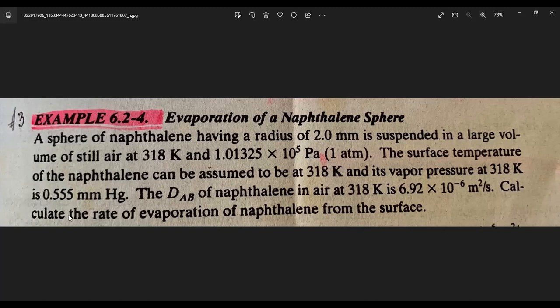So the surface temperature of naphthalene can be assumed to be at 318, same as that of the air in which it is suspended. And its vapor pressure at the same temperature is 0.555 millimeters mercury. You're given the diffusivity of naphthalene in air. You are to calculate the rate of evaporation of naphthalene from the surface. It's still N_A. Okay? Still asking for N_A.